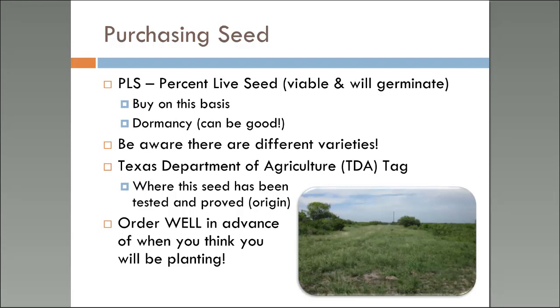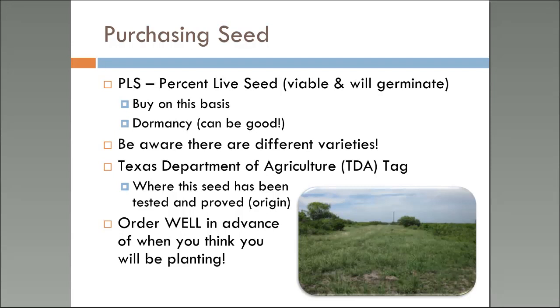If they try to sell you seed based on bulk, then I really wouldn't buy from them, because PLS, percent live seed, is telling you what percent of that seed that's actually in that bag is viable and is going to germinate. So it's normal that not all the seeds are viable and going to germinate, but they need to disclose that because you're going to plant based on a PLS, or percent live seed basis. So make sure that you're buying on that basis as well.